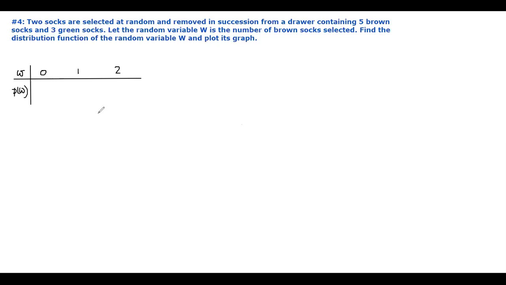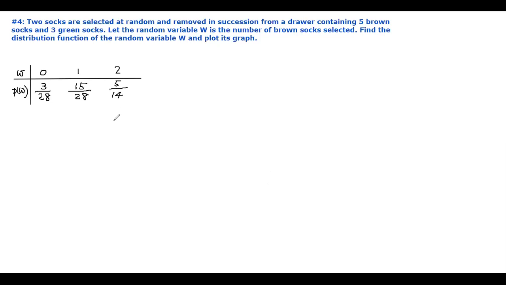And from video number 1, we already calculated the probability. 0 brown socks is 3/28, 1 brown sock is 15/28, and 2 brown socks is 5/14. Like I mentioned, this is the first problem in video number 1 for this lecture series. So go back to review the video we just did.